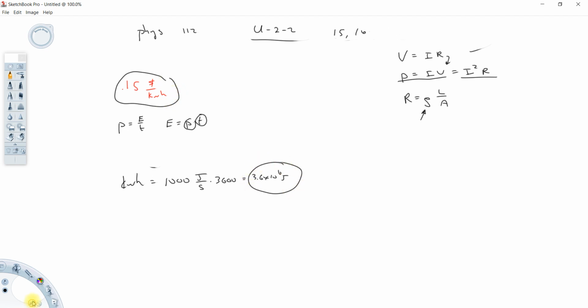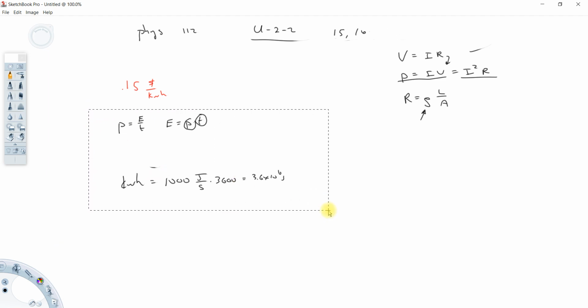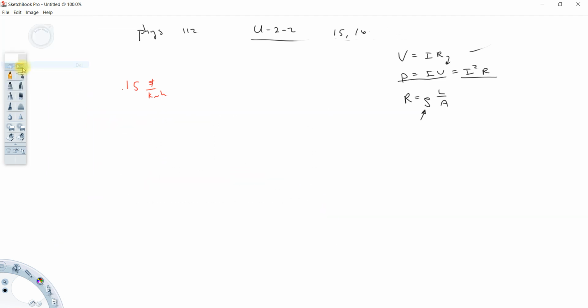Now, why isn't it just so many cents per joule? The kilowatt hour is just a very convenient way to express electrical bills. It makes it very easy for figuring things out. Let me give you a quick example. Let's say I ran a 1500 watt heater for 2 hours.